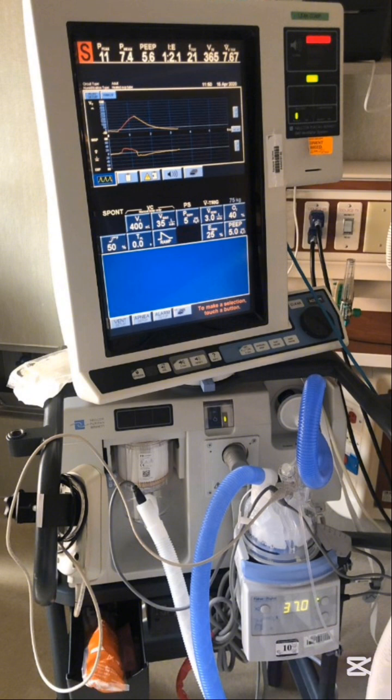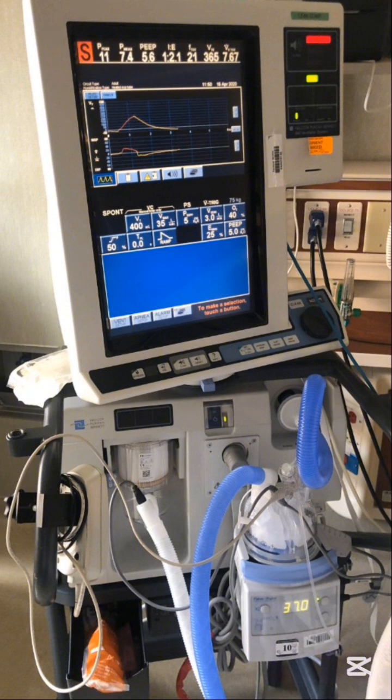Then comes the positive end expiratory pressure, that is the pressure maintained at the end of expiration. Whenever we are breathing, we inhale, take a deep breath, and exhale. The pressure that remains inside the lung after exhalation is the PEEP, positive end expiratory pressure.